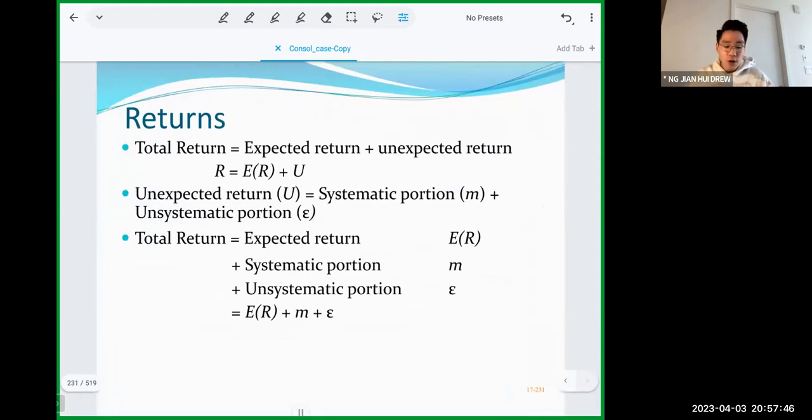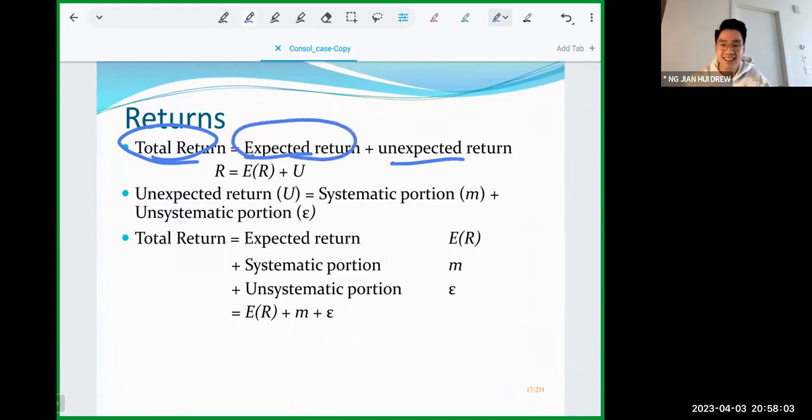All right. So we have talked about quite a bit of returns. Now we want to separate returns into two components. Total returns equals expected returns plus unexpected returns. Expected returns is, of course, what you expect.